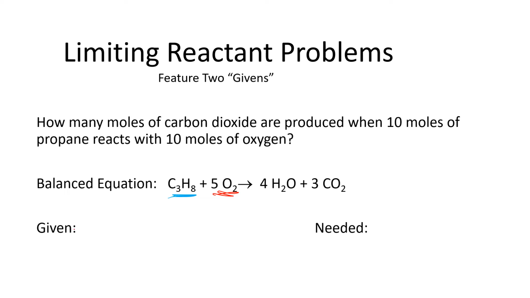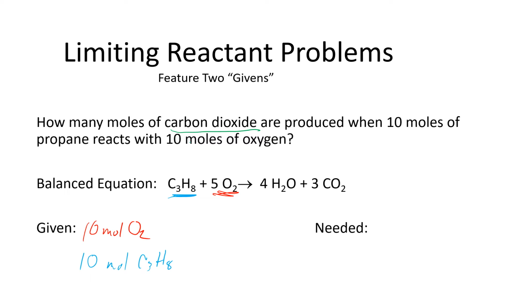So here are our two givens: we have 10 moles of oxygen and we also have 10 moles of propane. And basically, we just have to figure out which product we want, as long as we go to one. This one actually asks for carbon dioxide specifically, but we could do the same problem going to water and just figure out which one makes the least amount.